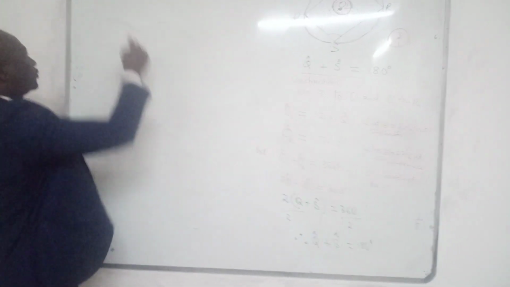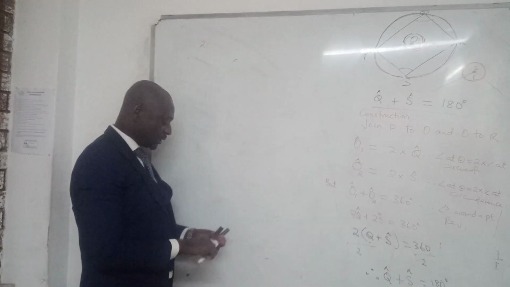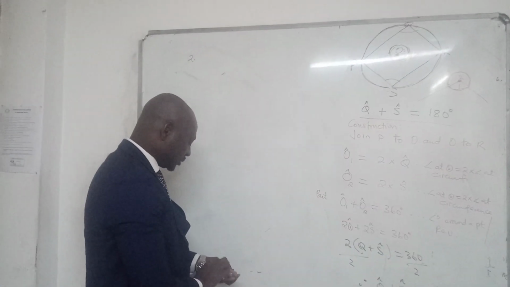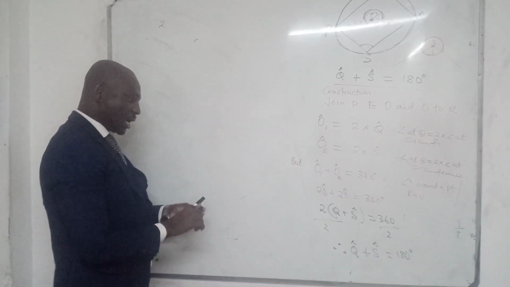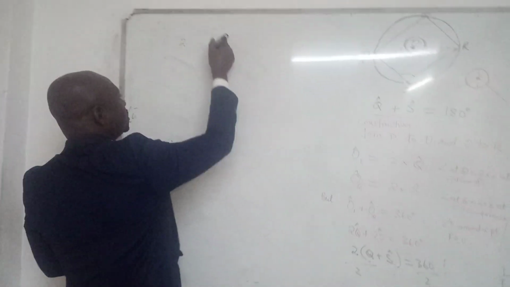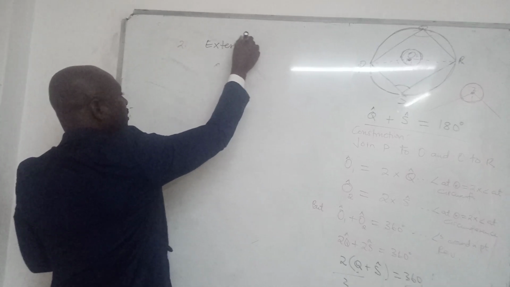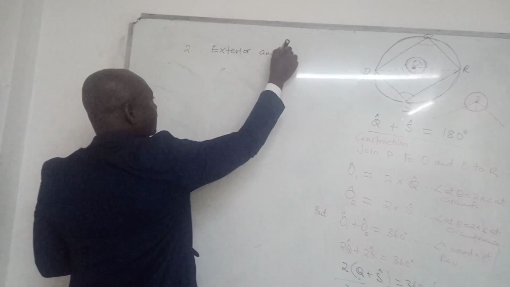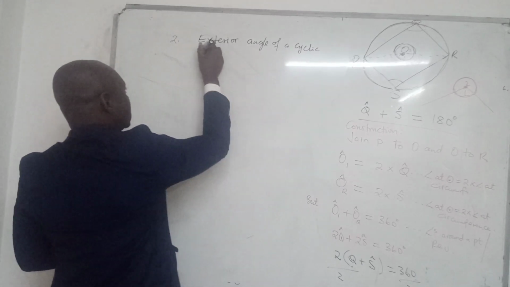So now we can move to the second reason for a cyclic quad. I said there are how many reasons for a cyclic quad? 3 reasons. Number 1, opposite angles of a cyclic quadrilateral are supplementary. Don't forget that. Number 2, we have what we call the exterior angle of a cyclic quadrilateral.